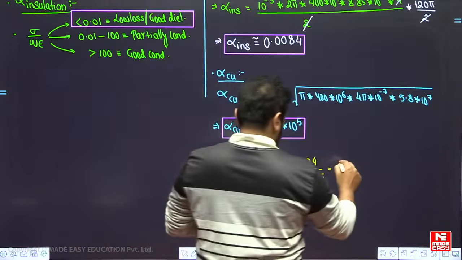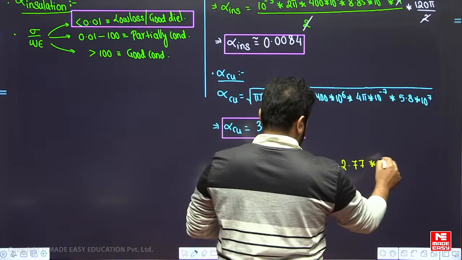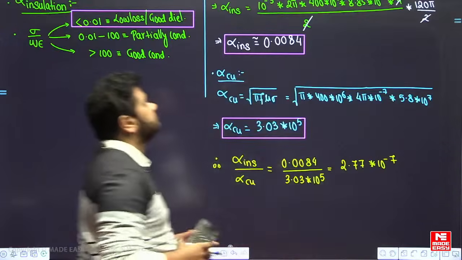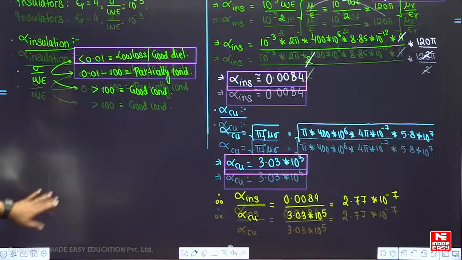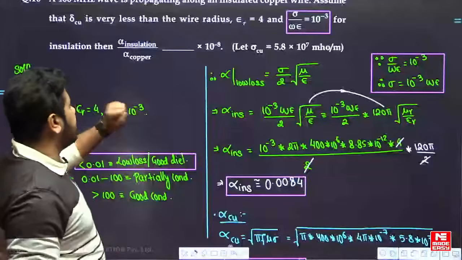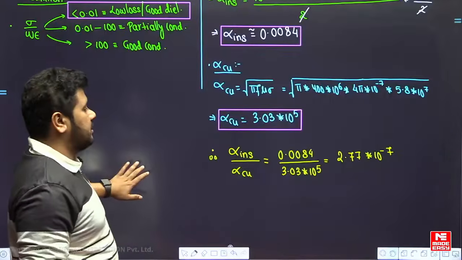So it is coming to be 2.77 into 10 to the power minus 7, right. So this is the value we are going to get. Now, this is NAT, so 10 to the power minus 8 they are asking, right.